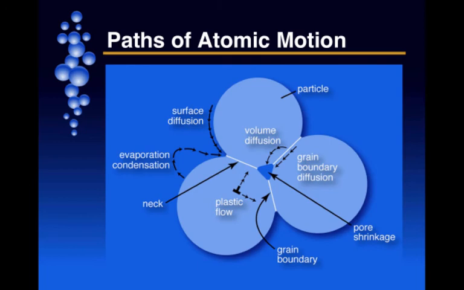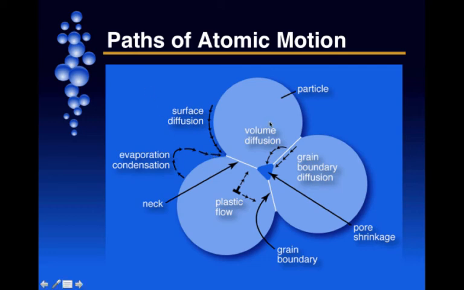In terms of paths of motion overall, there are several mechanisms by which you can achieve atomic diffusion. Bulk diffusion results in movement of atoms from the core of the particle to the pore surface, and so that involves densification. Surface diffusion can also occur, along with diffusion along the grain boundaries, and you can also have vapor phase transport.